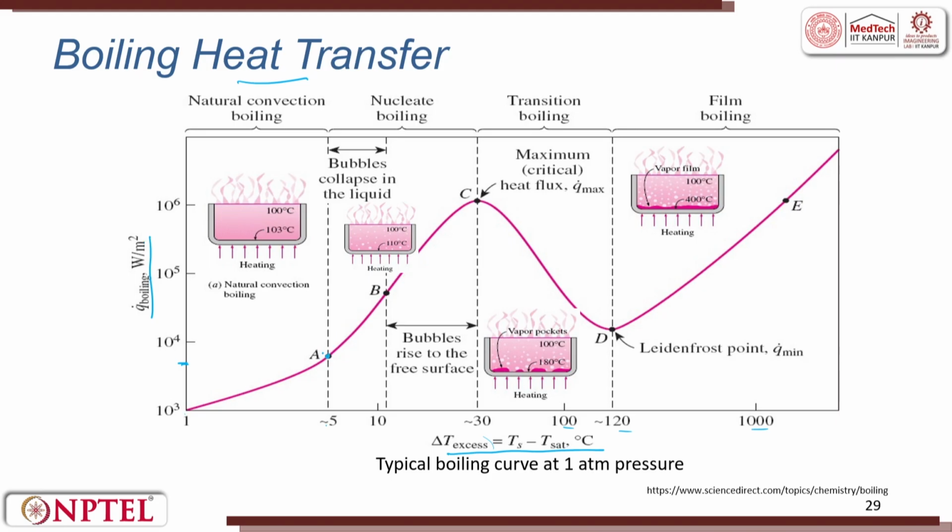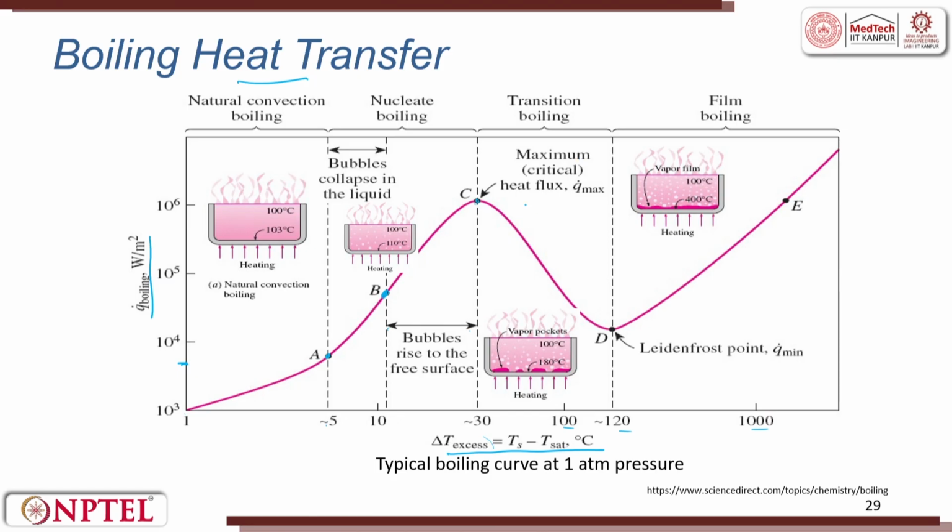In point A, you can see that the bubbles are getting formed. Then the bubbles collapse in the liquid till B. Then the bubbles will try to rise to the free surface from B to C. At C, there is a transition boiling.